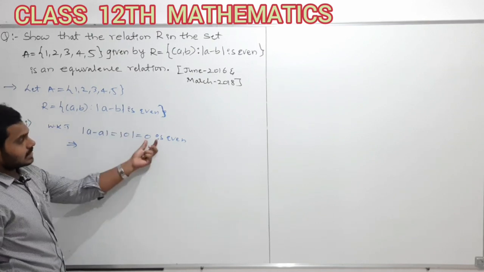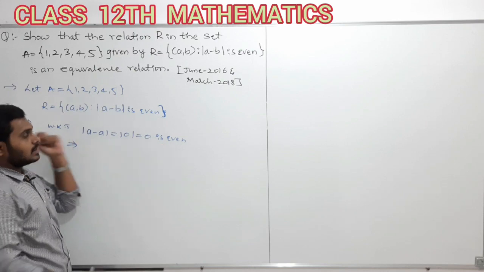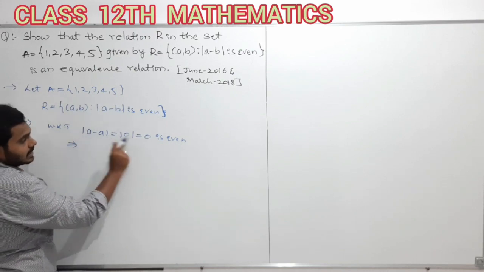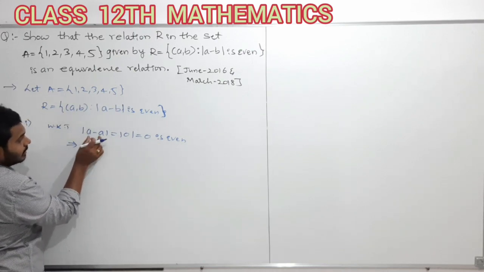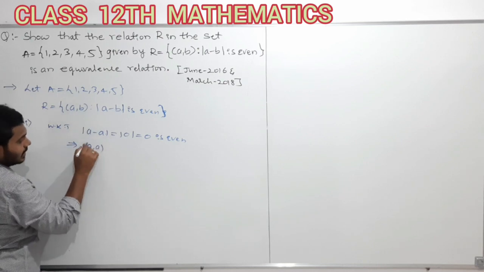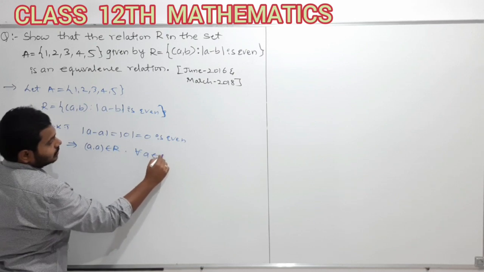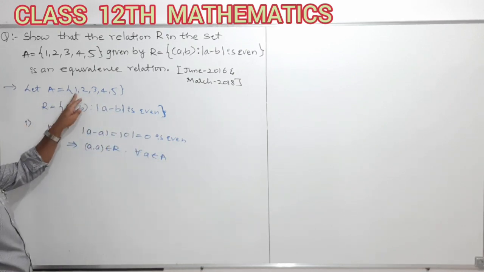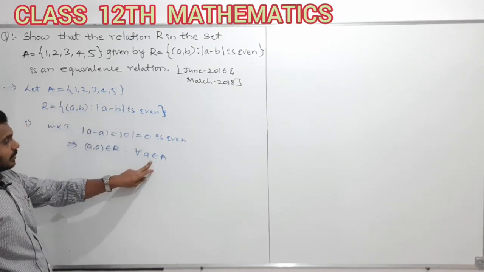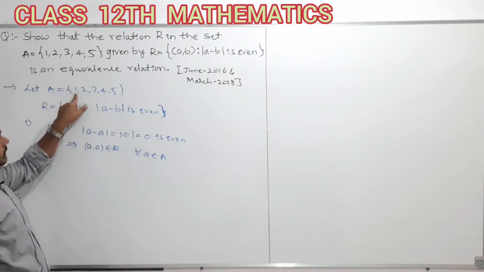A minus A is 0, it means 0 is even. So the modulus of A minus A is even means (A, A) belongs to R for every A belonging to the set A. From the set, you can take any element.